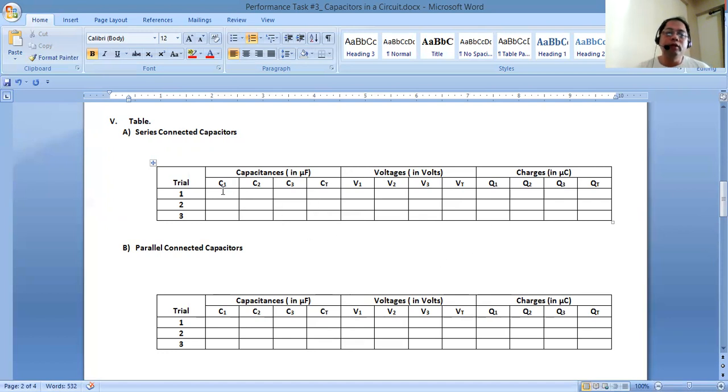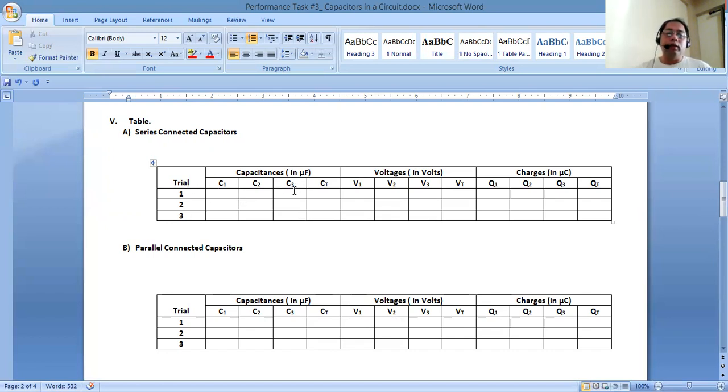Now, the values of the capacitances you will be the one to determine. The only value here that you will calculate is the last column, the total capacitance C sub T. But the first three, C1, C2, C3, you will determine.